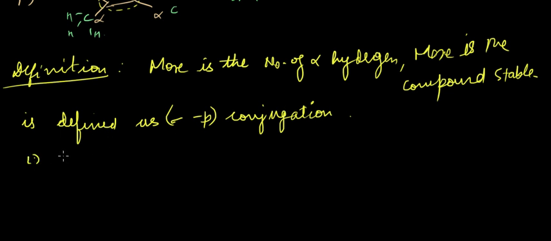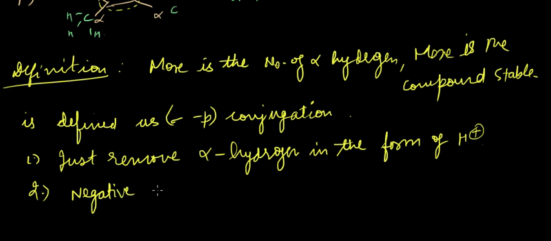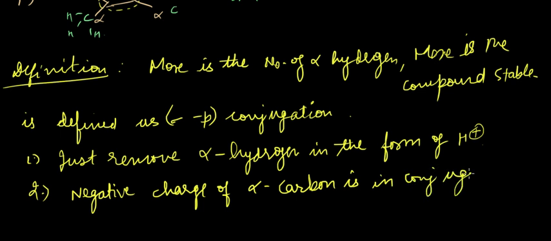So the first thing is just remove the alpha hydrogen in the form of H plus, and the second thing is the negative charge of the alpha carbon is in conjugation, which we just defined here, with the pi bond of the alkene.